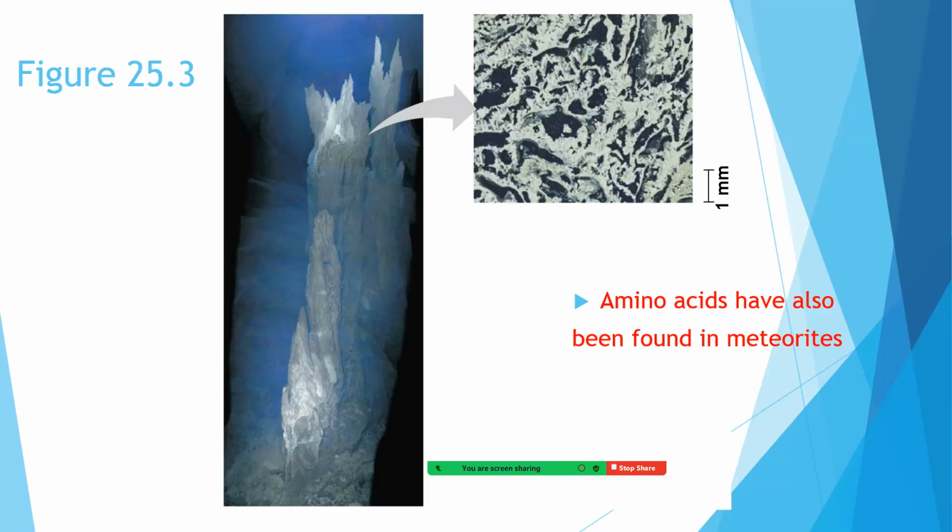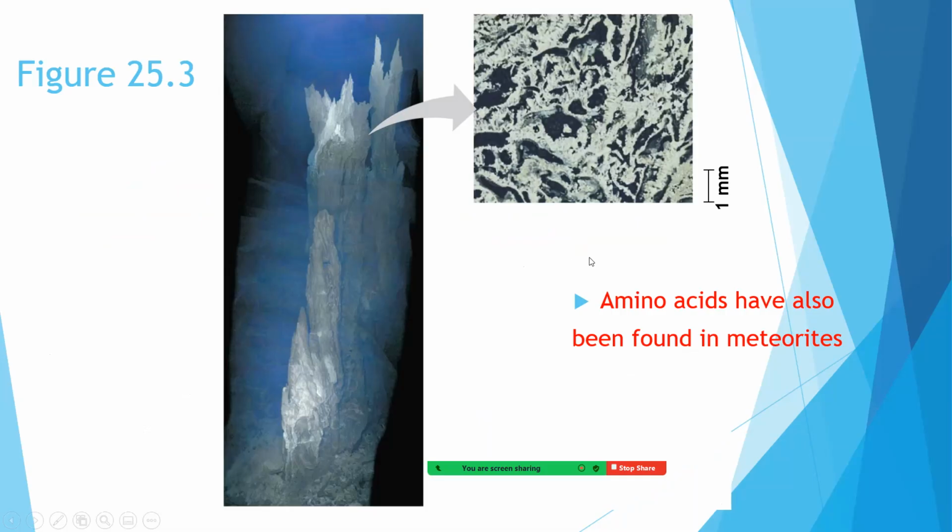So he mentioned this too in the video, that amino acids have been found in meteorites. That's really interesting. Again, this idea that perhaps pre-biological molecules or components of biological molecules were created in different portions of the galaxy, and maybe they arrived from meteorites, from outer space.